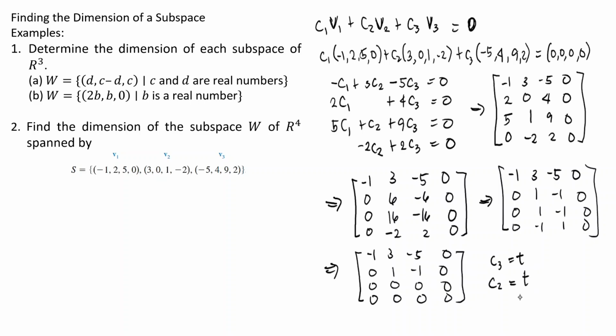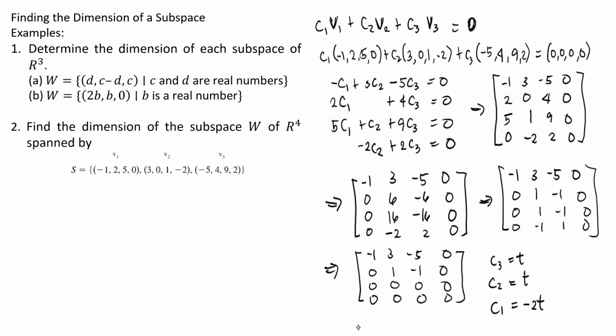So C2 is just equal to t also. And C1 is equal to, we substitute t here, so that's negative 2t. So therefore, C1 is negative 2t, where t is any real number.